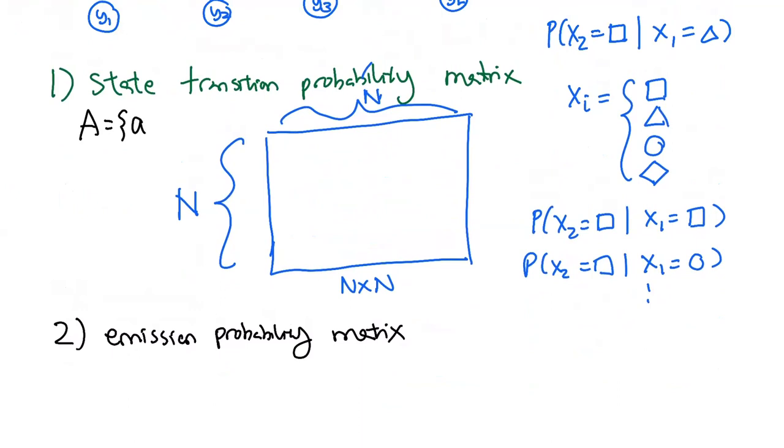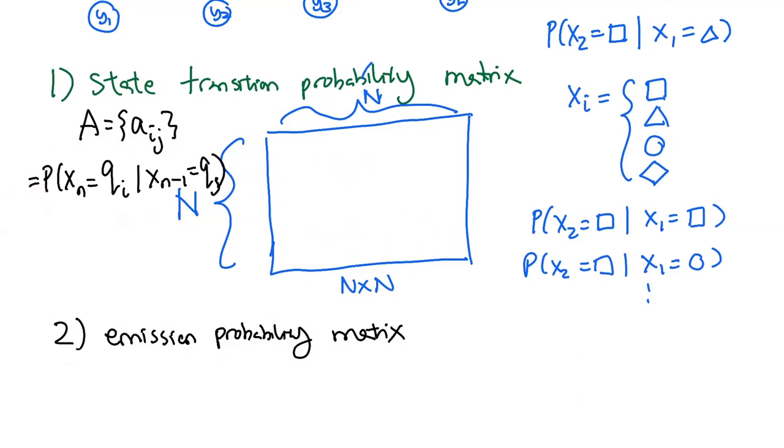And then, of course, every element of this matrix is element Aij. So this is the probability that xn is at state qi, given that xn minus 1 is at state qj. Okay. So again, the notation can be different. This is just how the book I was using chose to do the notation.